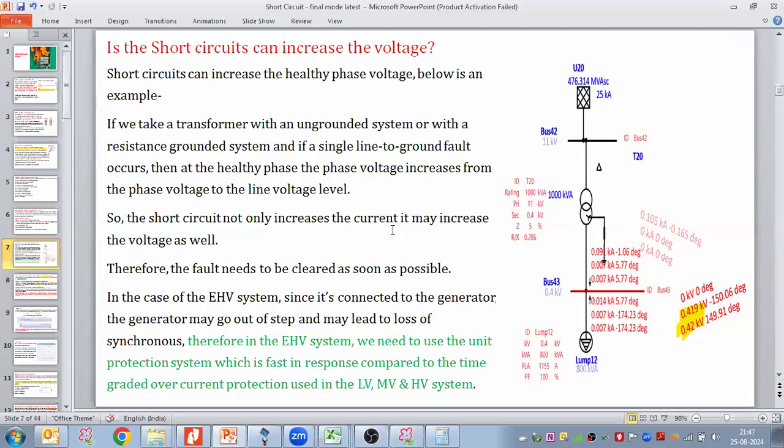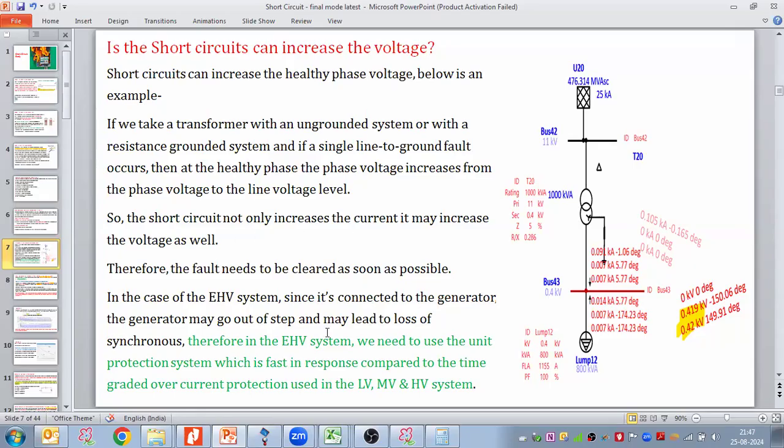In the case of an EHV system, since the extra high voltage system is connected to the generator, the generator may go out of step and may lead to loss of synchronism. Therefore, in the extra high voltage system, we need to use the unit protection system, which is fast in response compared to the time graded over current protection, which is used in the medium voltage and high voltage systems, right?